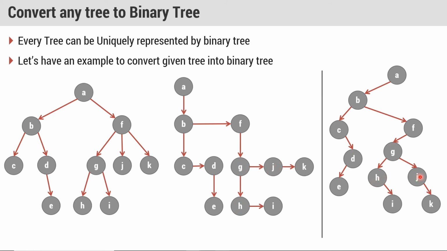So H and J are put over here as the left and right node of G. Then see, H has a right child, so we put I as the right child of H. Then J has one right child, that is K. So we have to put K as a right child of J. So this is the conversion of tree to binary tree.